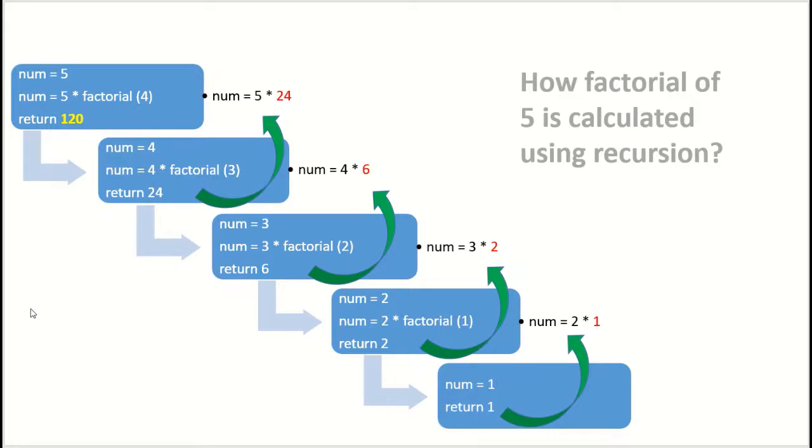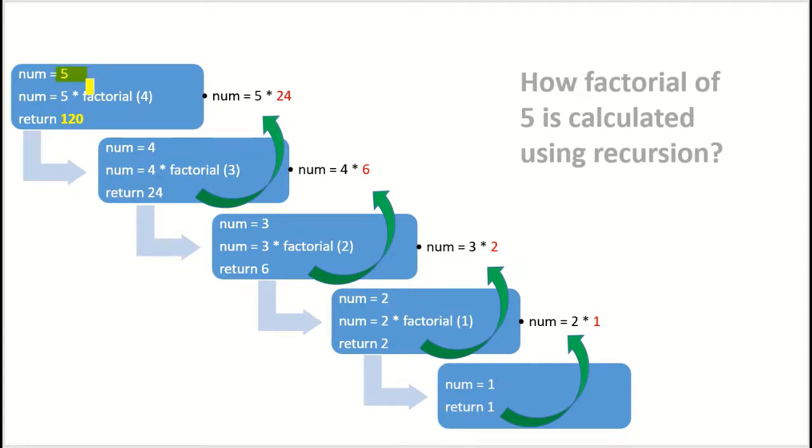So in a recursive function, when the same program is called, it is actually making a copy of the program again. So when a recursive function is called from within, it is actually making a copy of the same program. So suppose that the number that we pass is 5.